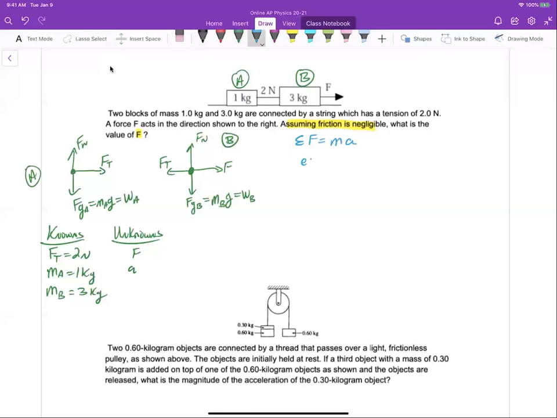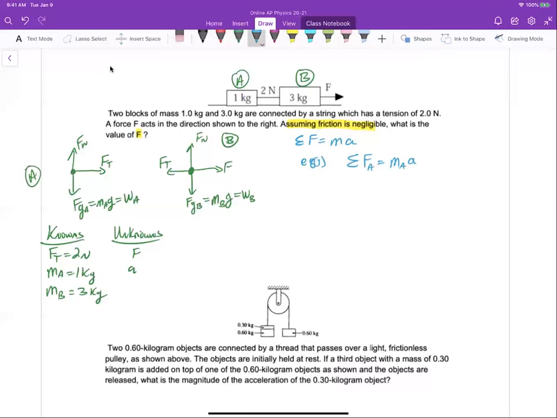So this is equation 1, and I'm going to do it around A. The sum of the forces on A is equal to the mass of A times the acceleration. And by the way, both of these objects are accelerating at the same magnitude, because they're tied together. That is the point of coupled motion.